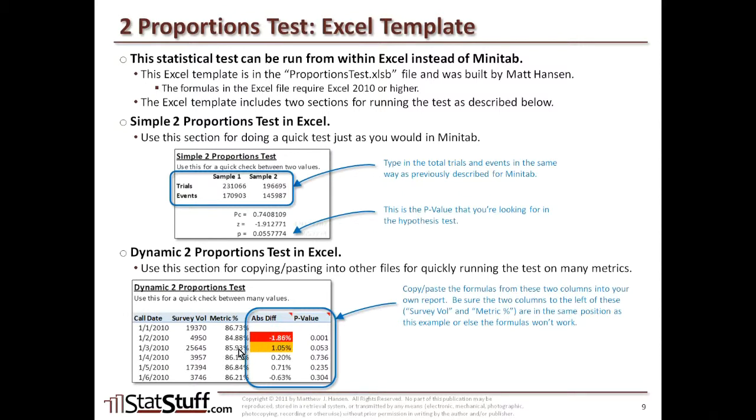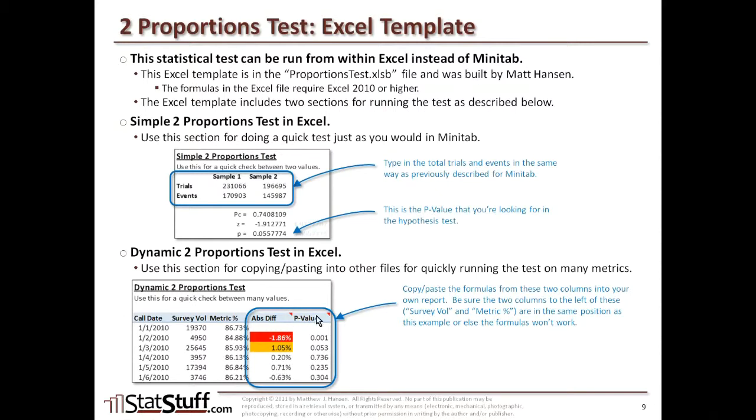And then the next row here is comparing 85.93, subtract from that 84.88, and the raw difference is 1.05%. So all this absolute difference column is at first is merely the raw difference from row to row, from the current row and the difference between that and the prior row. And it's doing that for each of these values.